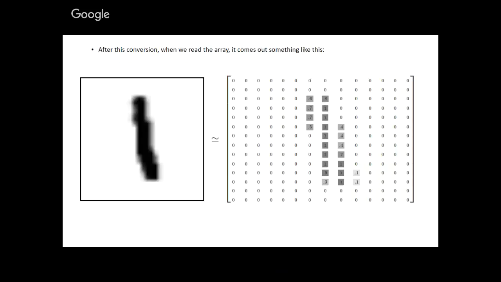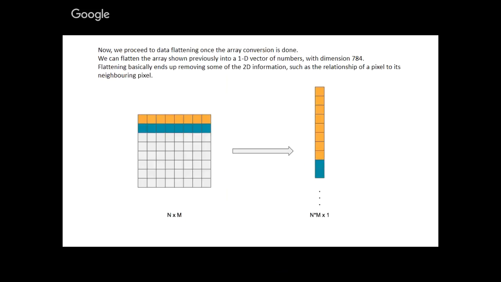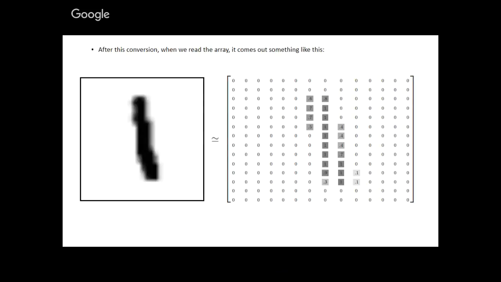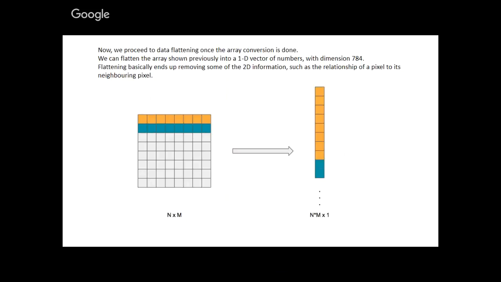When you represent it in the form of an array, we can see that this shape is represented in the form of numbers with regard to the intensity of the shading which is taking place here. Now what we do is we transform this array. This is a 2D array. We transform it into a 1D array, which has a dimension of 784 because 28 by 28 pixels.